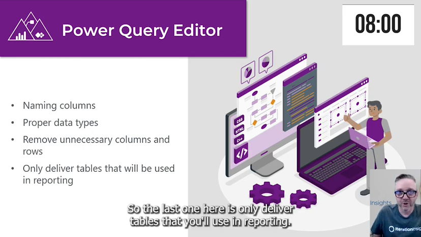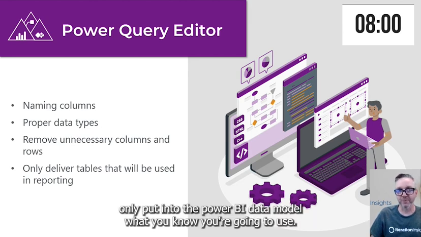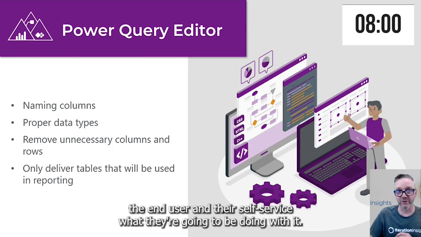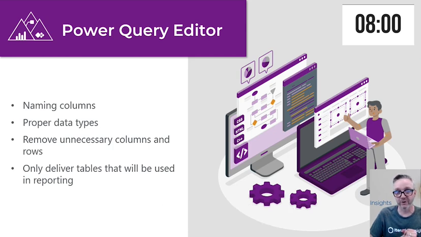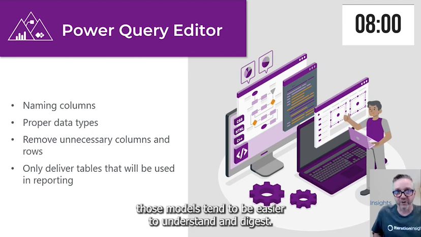Perfect. All right, so the last one here is only deliver tables that you'll use in reporting. This one follows removing rows and columns as well, but once again, only put into the Power BI data model what you know you're going to use. There are two reasons for that. I always like, in Power BI, to first consider the end user and their self-service, what they're going to be doing with it. If you've got models that are smaller and focused, those models tend to be easier to understand and digest.